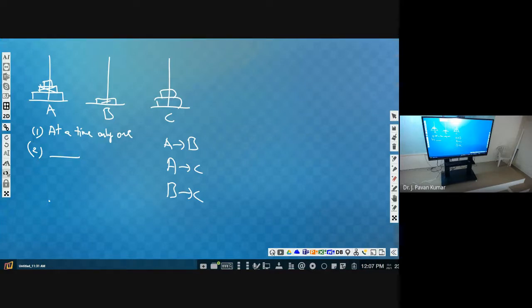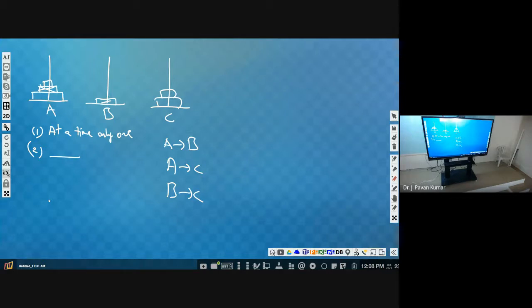Somebody told 5. Can we put like that? It's a second constraint. Seven, you got it. Next, 7. Small box, then A to second.